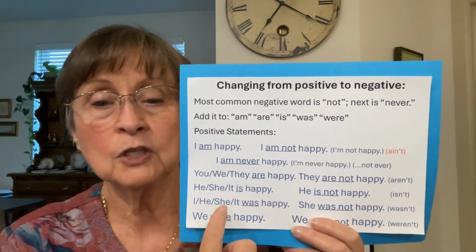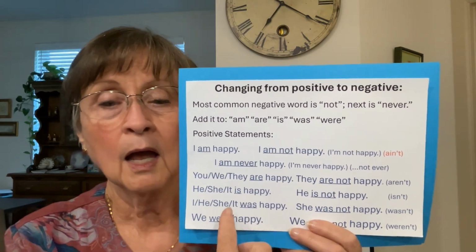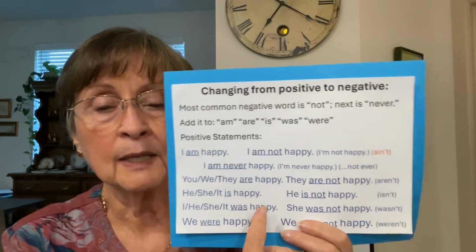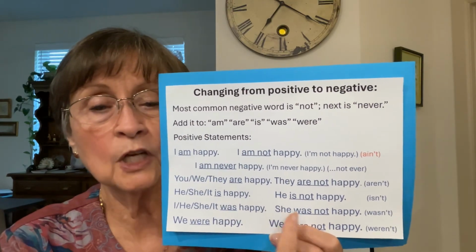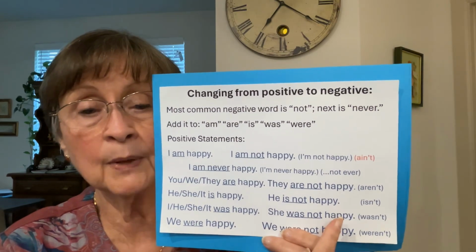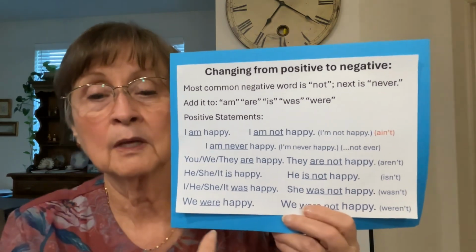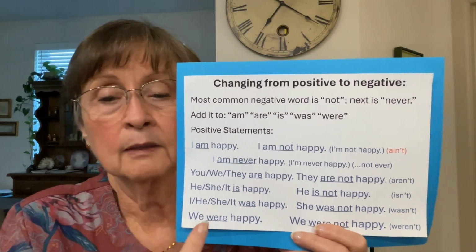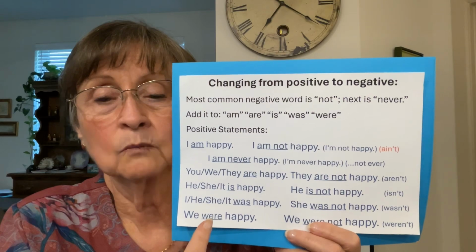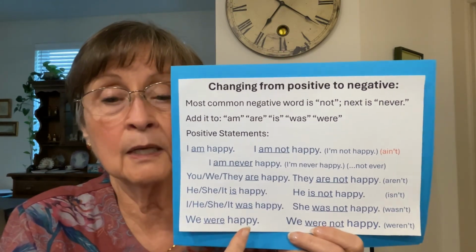I, we, she, or it, all of those, we've got the I included. It was happy. Any of those, I'm using she. She was not happy, or she wasn't happy. We or you or they goes with were, so we have we were happy.